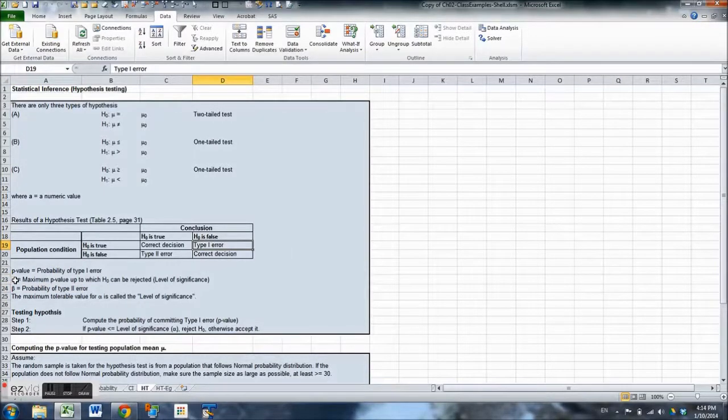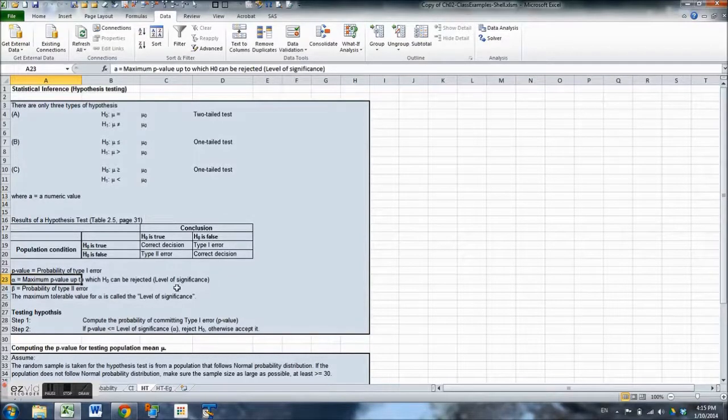So we will set a maximum value for type 1 error, which is called alpha, and also called level of significance. So if the probability of type 1 error, if the p-value is less than or equal to the level of significance, then we can safely conclude that H0 is false, or in other words, we can reject the null hypothesis.